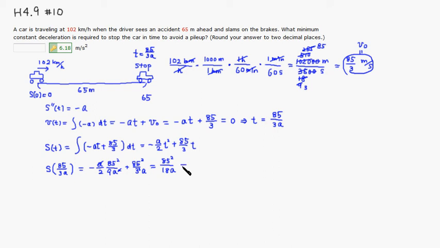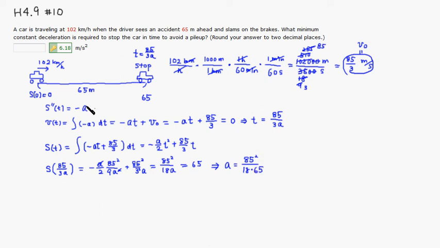So we can set this equal to 65. Right? Then we can just solve for a. So a is going to be equal to 85 squared, I'm too lazy to compute that, over 18, and then divide by 65, right?